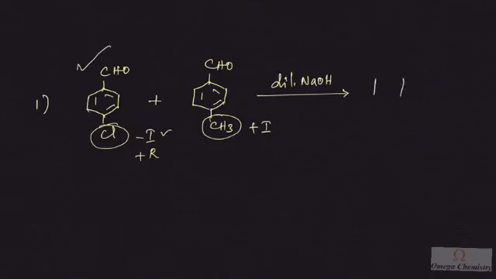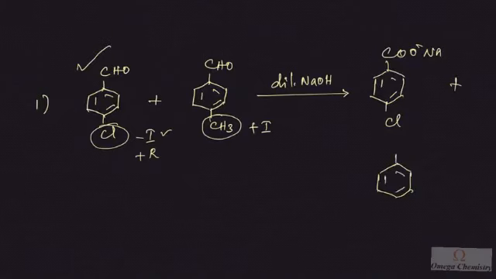So these were the products: COONa that contains Cl, and CH2OH. These are the products that can be expected.